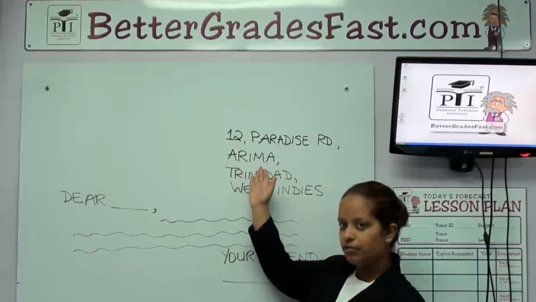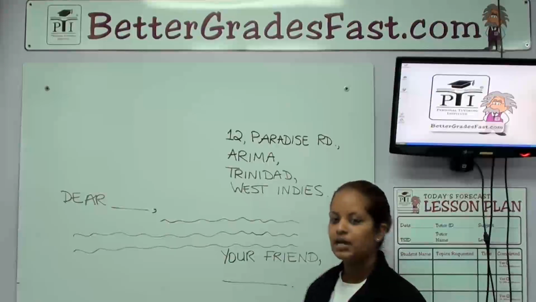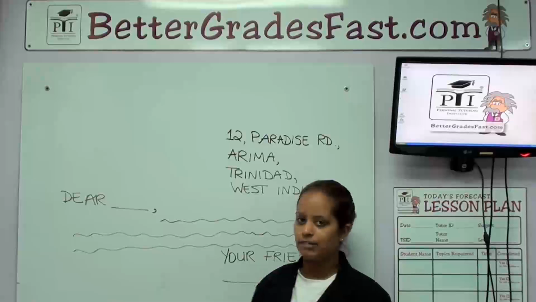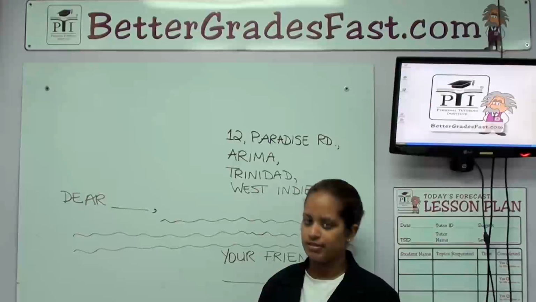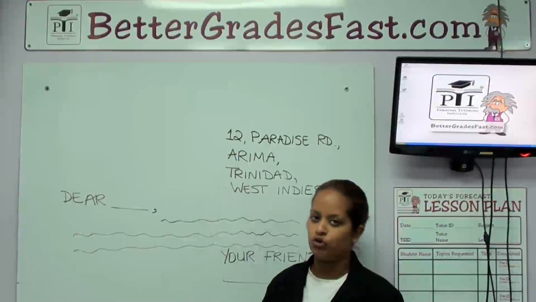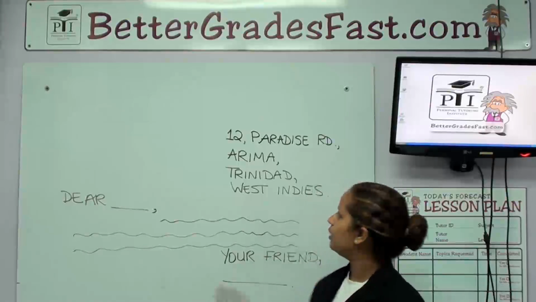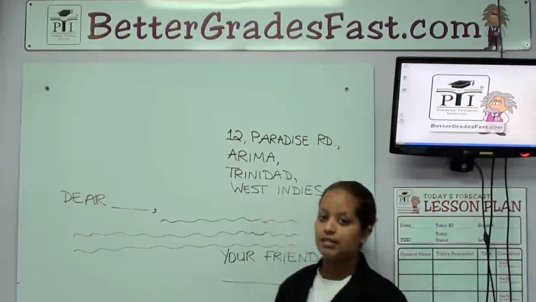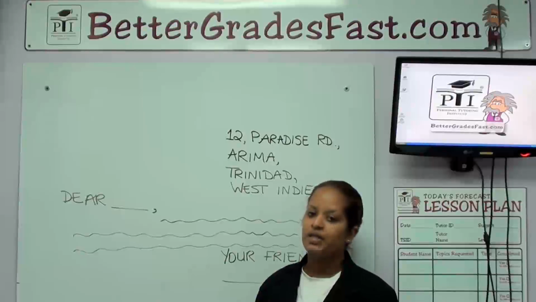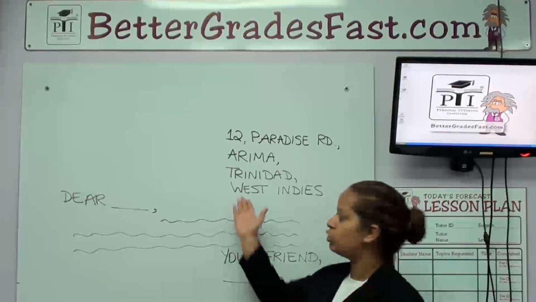Your town name is next, followed by a comma again. If the person you are writing to does not live in the same country as you, you put the country name. If they do, it is not necessary. If they do not even live in the same region as you, meaning they do not live in the West Indies or the Caribbean, you include that as well.